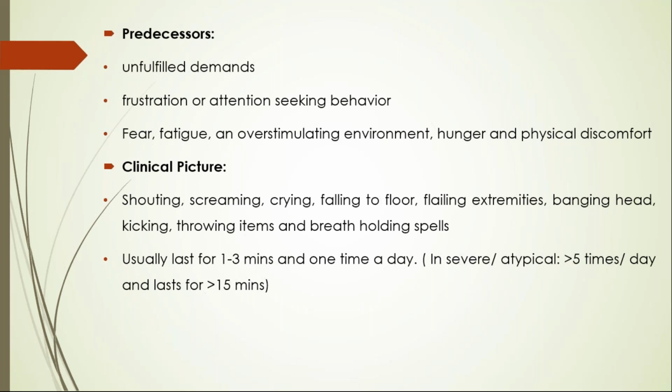So clinical picture, you would be aware of all this: shouting, screaming, crying, falling to the floor, actually anything you can think of, and they would be doing that just to either hear a yes from you, or gather attention, or it's just a behavioral thing, so they may just be doing it without realizing what they're doing.